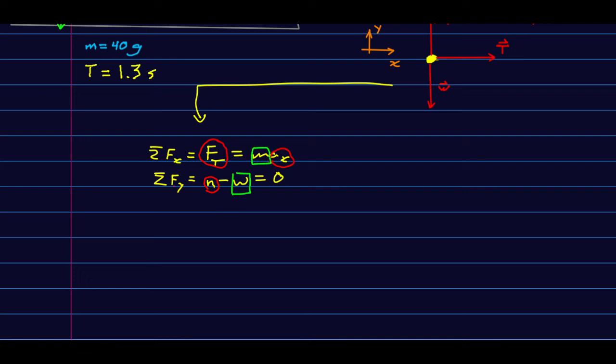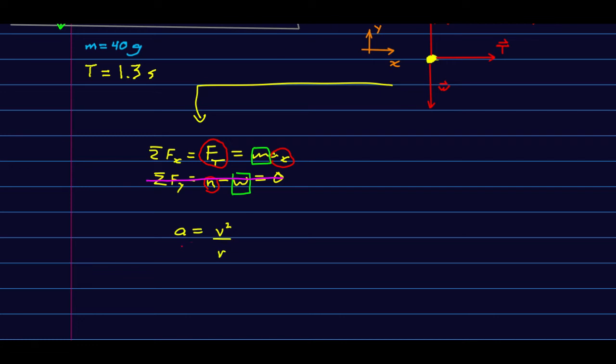However, this equation isn't going to be useful to us. Look, the normal doesn't come in here at all, so we can just ignore that. But that still means we have one equation in two unknowns. However, here's where our knowledge of the motion comes in again. So this is uniform circular motion, so we know the acceleration is v squared over r.